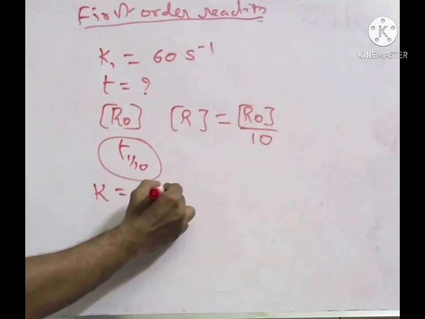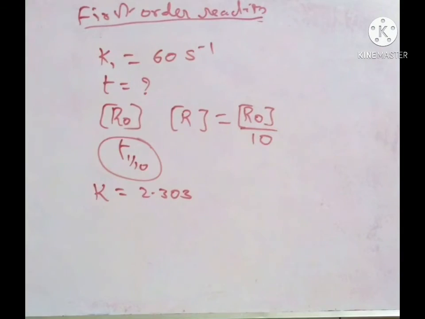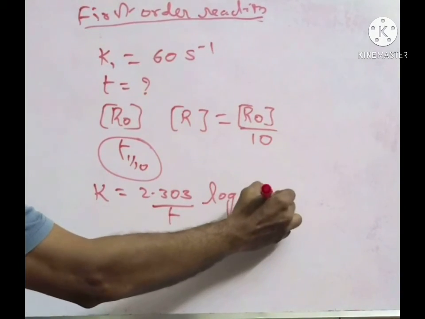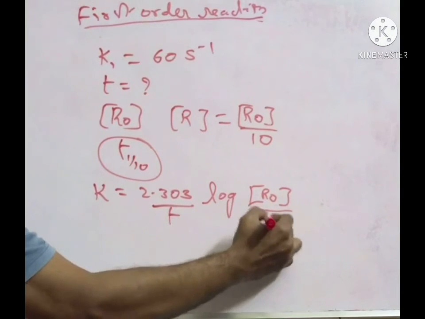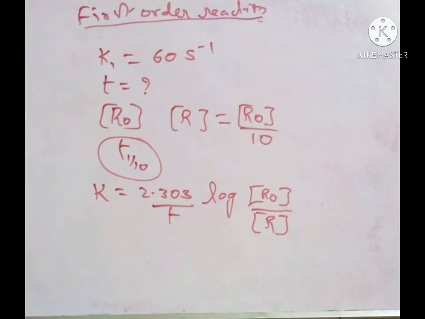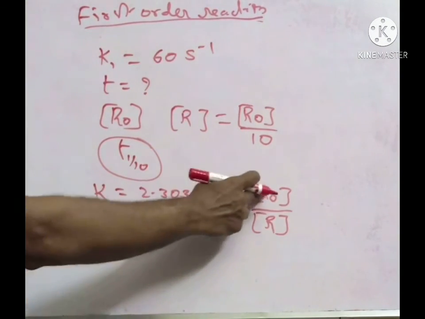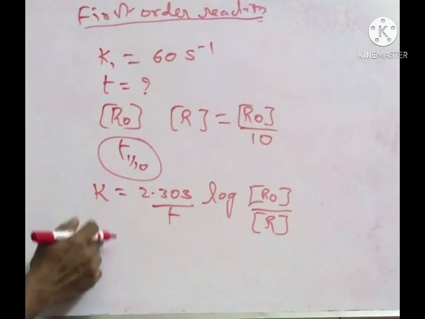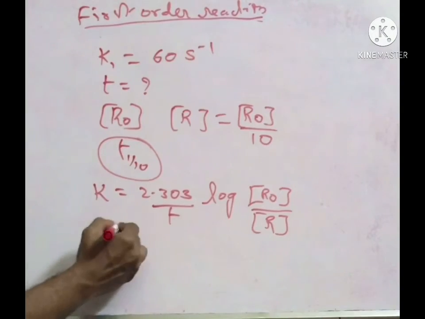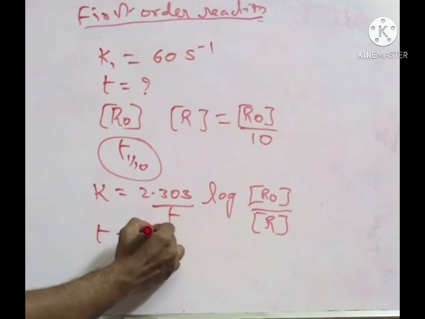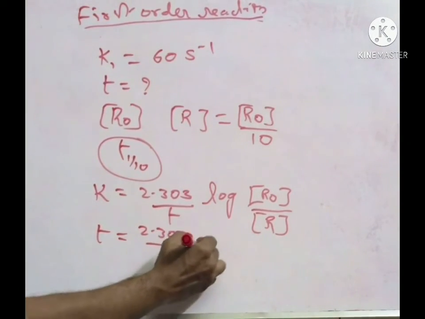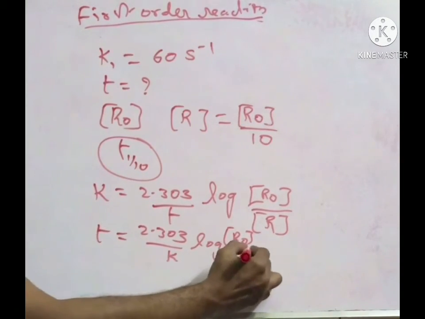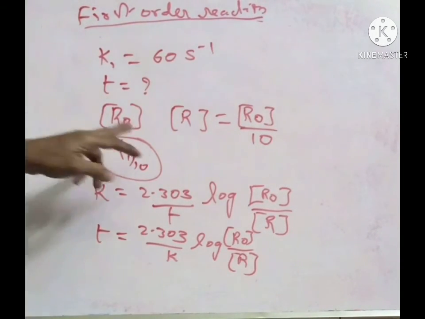K equal to 2.303 by T log R naught by R. Previously we have seen K equal to 2.303 by T log R0 by R. Now the K value they have given is 60 per second, so we know it. So you take this T here: T equivalent to 2.303 by K log R naught by R. Now you substitute these values.